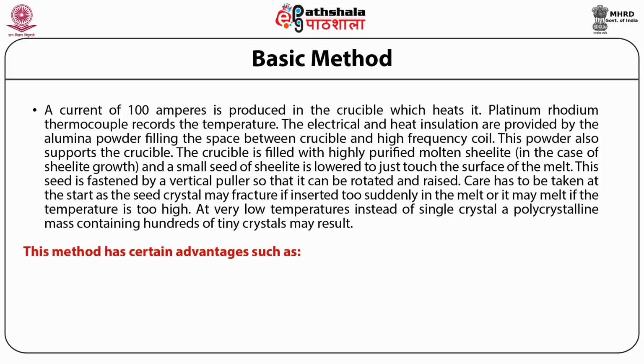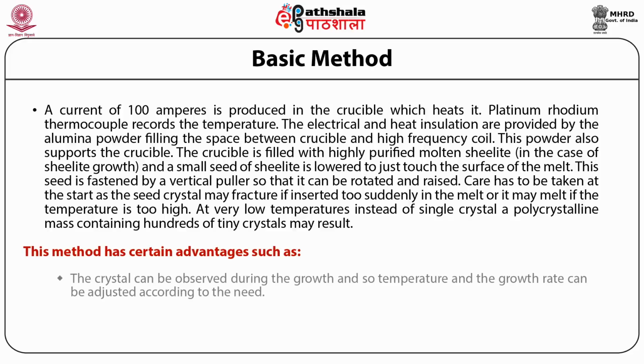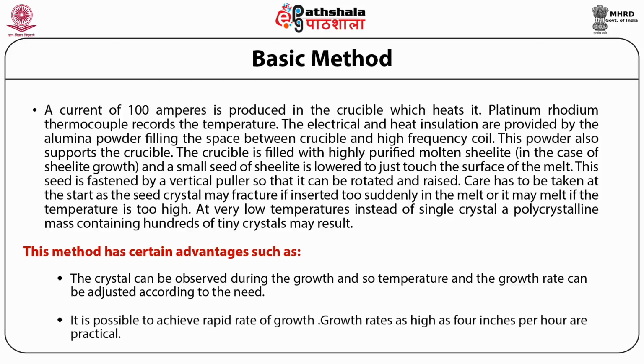This method has certain advantages, such as, number one, the crystal can be observed during the growth, and so temperature and the growth rate can be adjusted according to the seed. Number two, it is possible to achieve a rapid rate of growth. Growth rates as high as 4 inches per hour are practical.